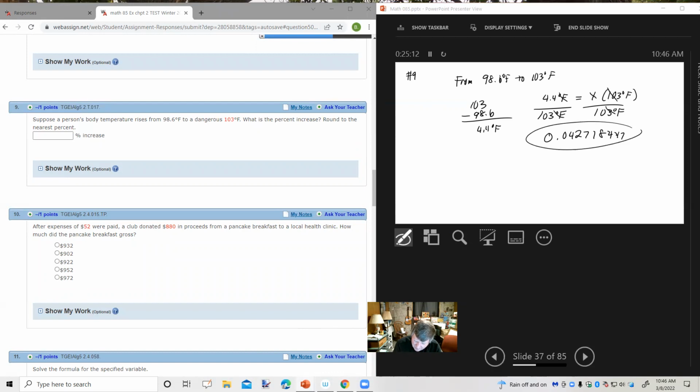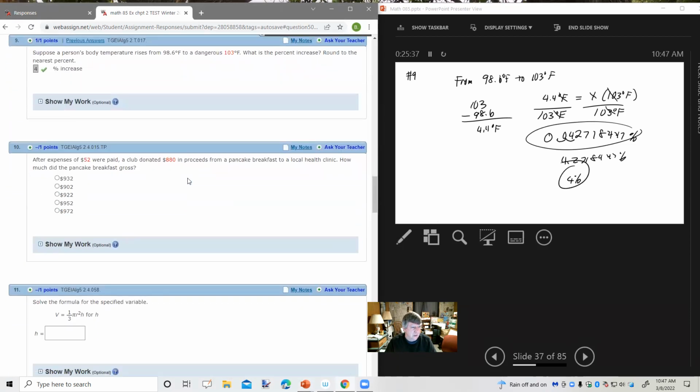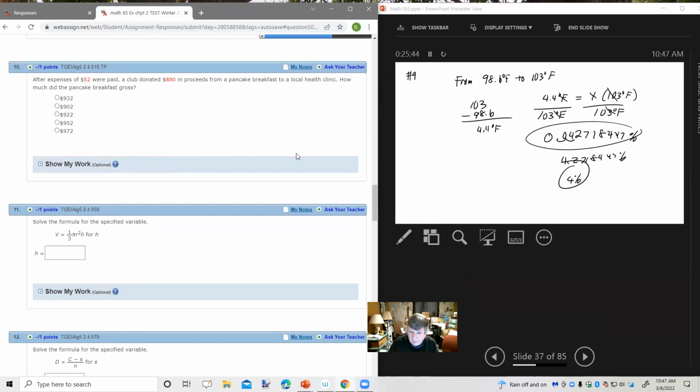Now, this number is not a percent, it's a number. To convert it to a percent, we'd move the decimal point 2 places to the right and add a percent sign. So 4.2718447% to the nearest percent would be 4%. So let's see if that works. And it does.